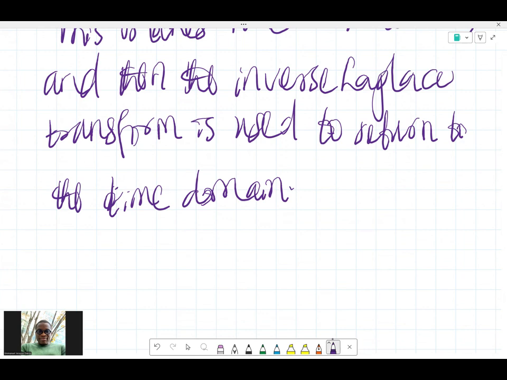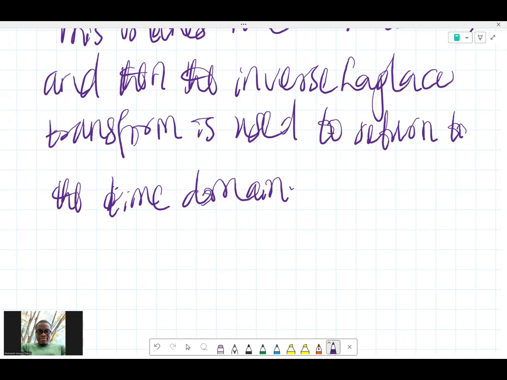So I'll just go straight and take an example. Of course, the steps are usually the same kind of steps that we've been taking for the rest of them.